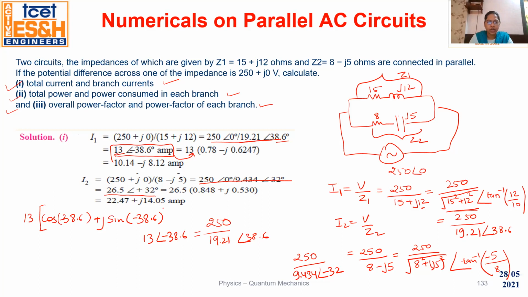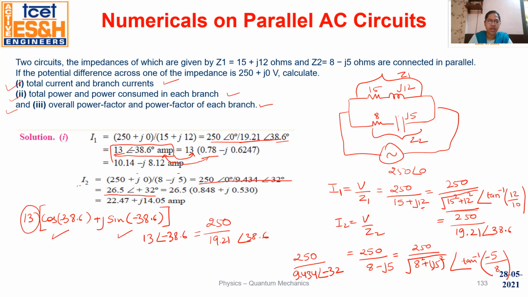So it will give you the rectangular form of this polar equation. Here you can write the value of this cos and the value of sine, then you will get 0.78 minus 0.6247, and this is the magnitude.